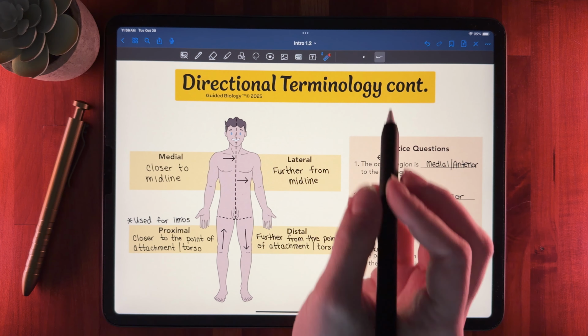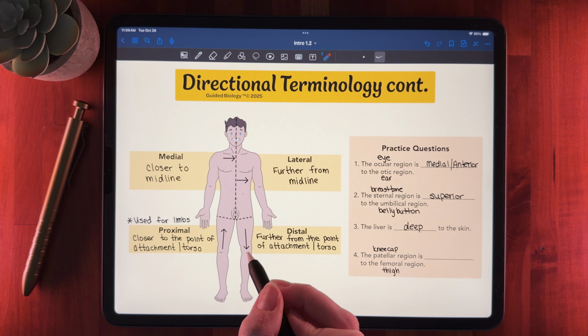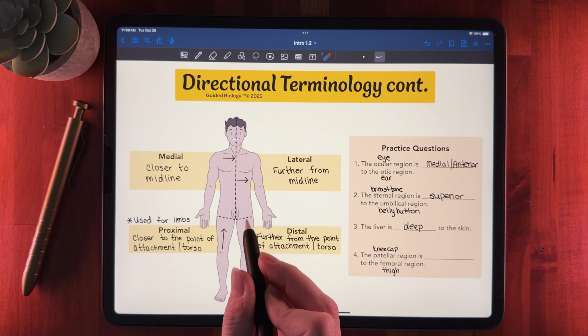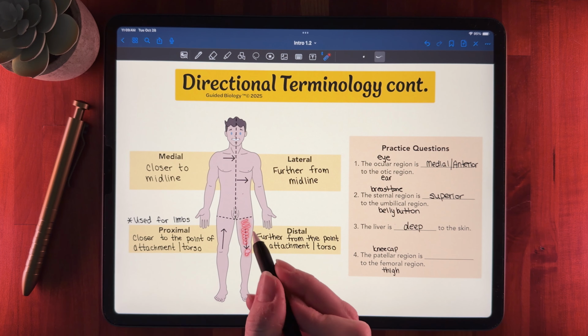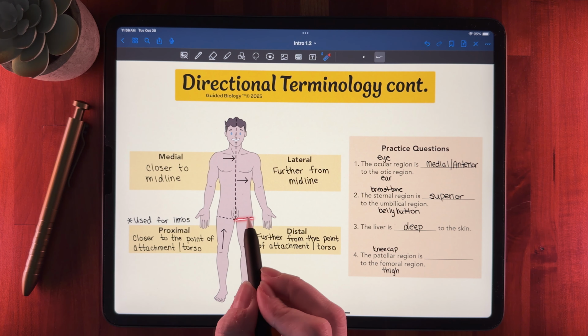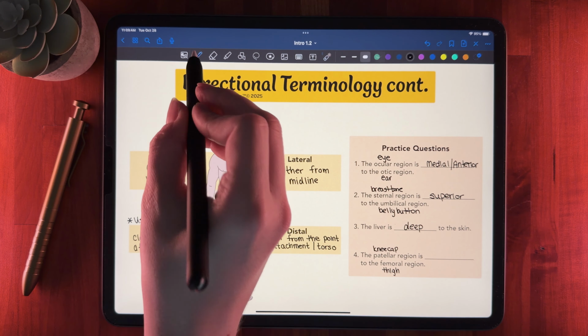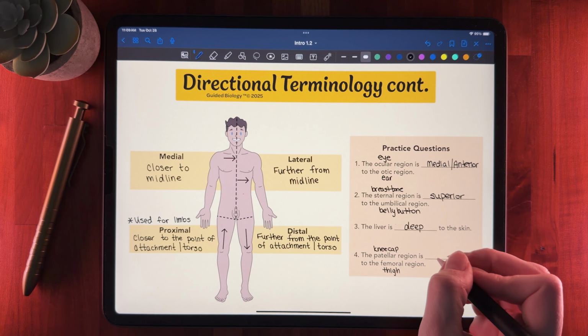If we're looking at our picture, we have our patellar region here, and our femoral region here. Both of these structures are on the leg, on one of the limbs, so we are going to use our special term for the limbs. We would say that the patellar region is distal to the femoral region. It is further away from the point of attachment or the trunk of the body than the thigh.